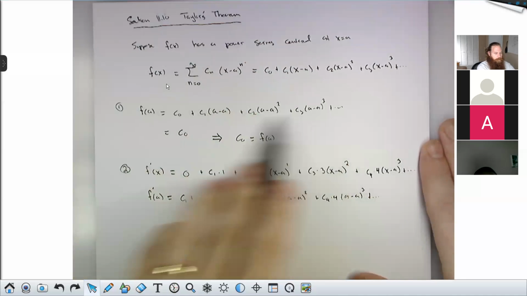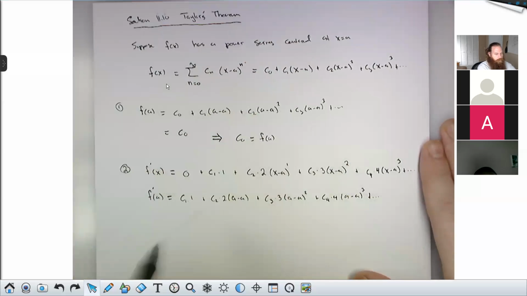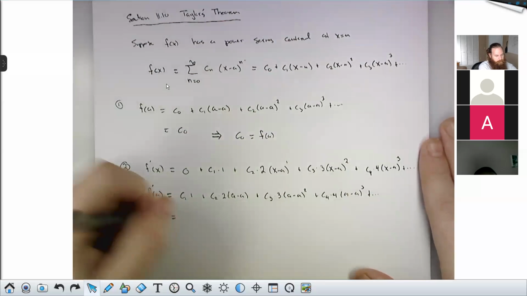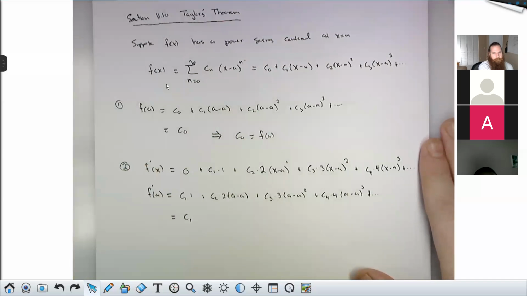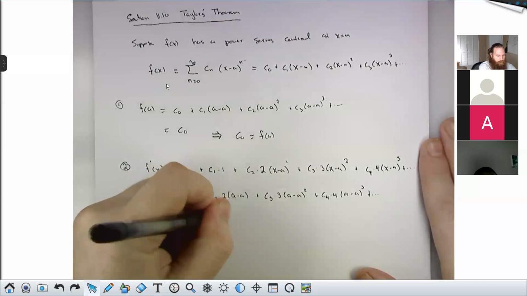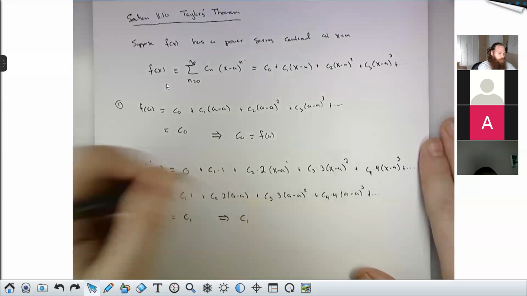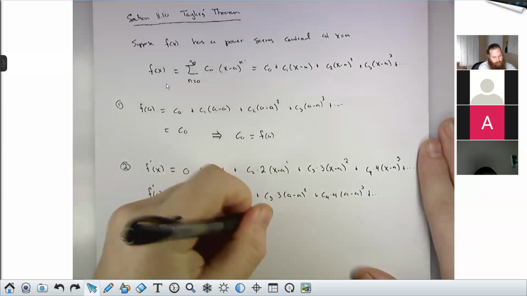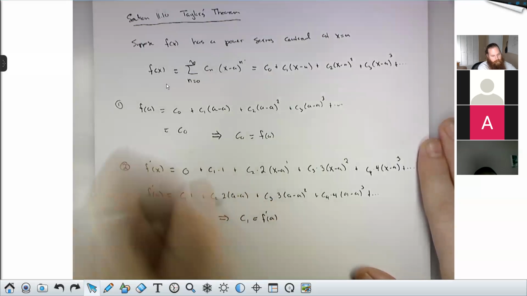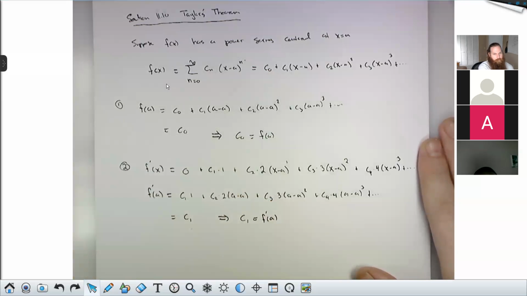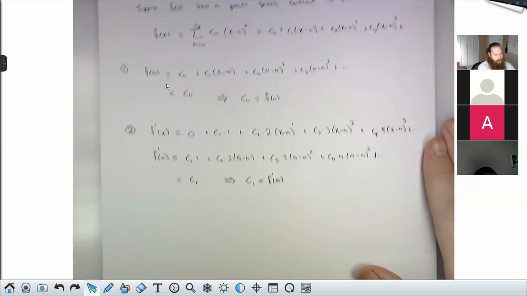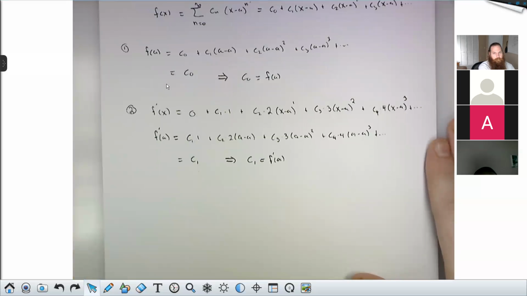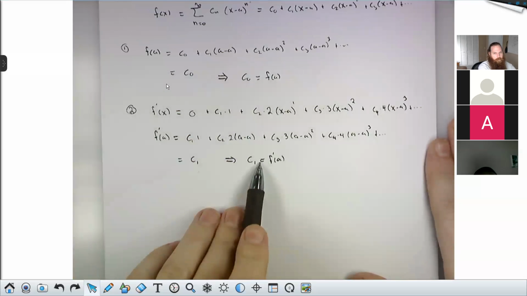And just like they were up here, these terms are all 0. So this is just C1, which implies C1 is f primed of a. So we've got our first two coefficients.